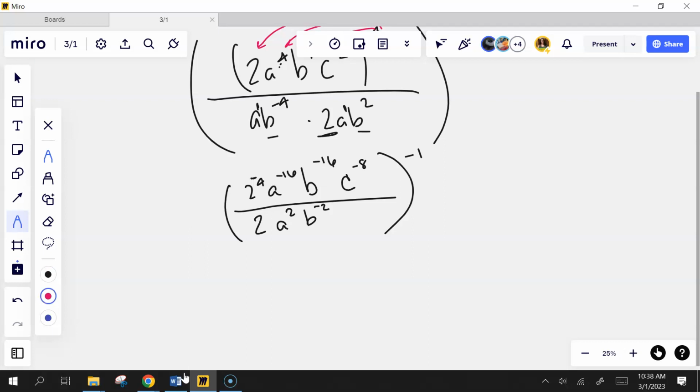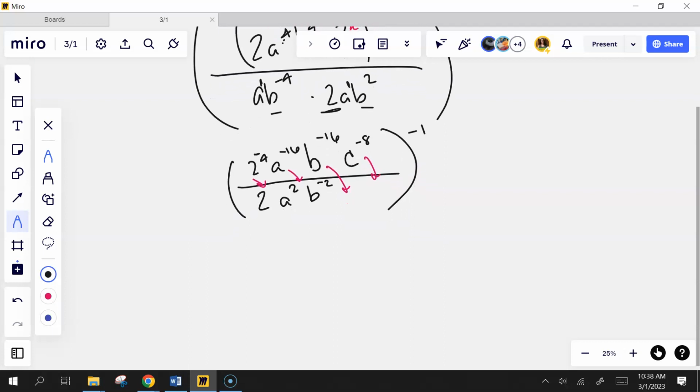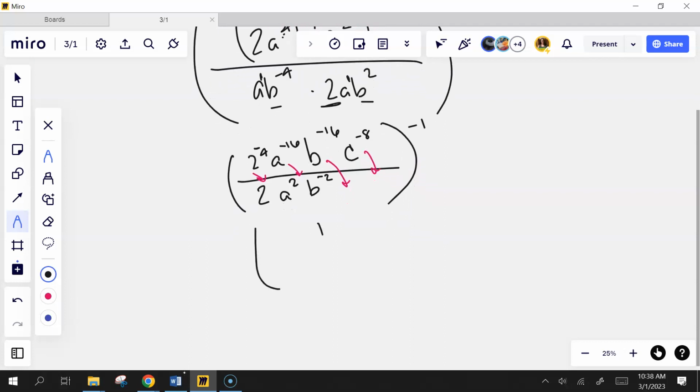Oh, look at that. Everybody's going to the bottom. Somebody asked about this yesterday, and they said, but if everything's in the bottom, what happens? Well, you just hold the place with a 1. So I end up with 2 to the 1st. Now 2 to the 4th is down here. I had A to the 2nd. Now A to the 16th is down here. I had B to the... Ooh, no, wait, I lied.